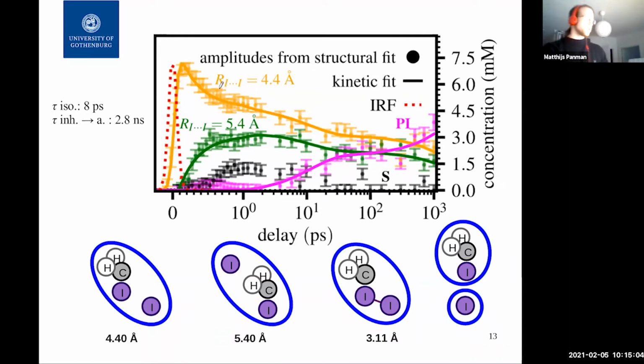The model includes an initial rotation due to the dissociation, which generates a kick on the CH2I fragment, so that's a very short lifetime. Then we have an equilibration between these two geminate pair distances, which occurs around a picosecond. And then you have the biphasic decay, which occurs concurrently with the biphasic isomer formation lifetime.